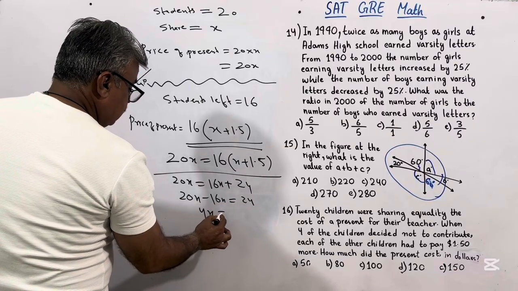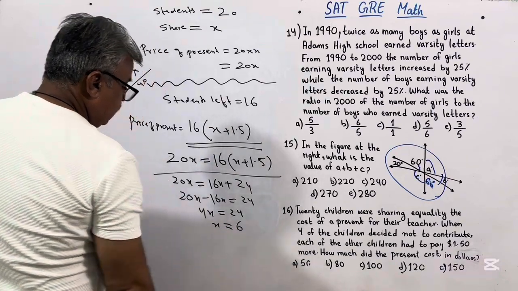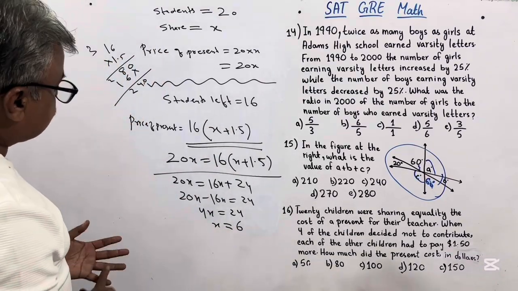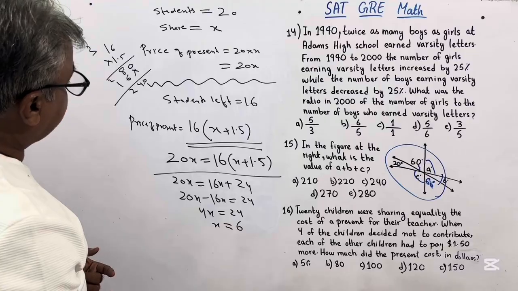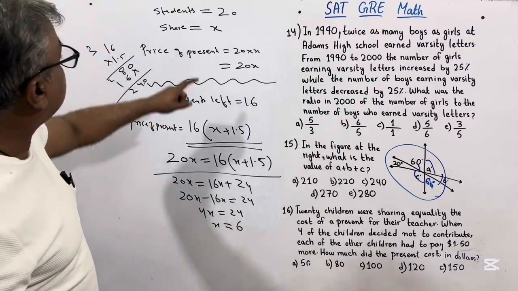So 4x is equal to 24, and x is equal to 6. $6 is the contribution of each student when there were 20 students.